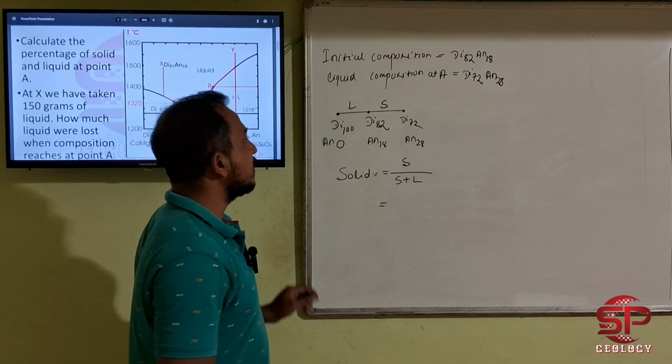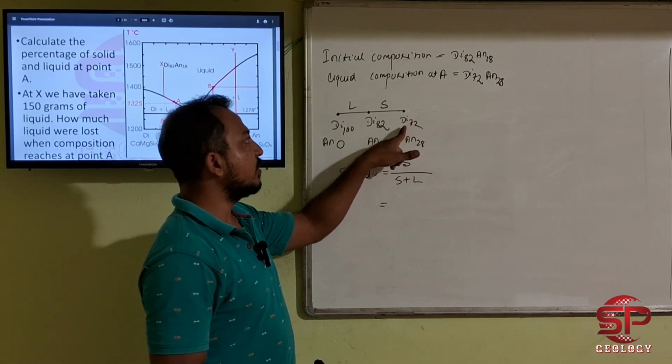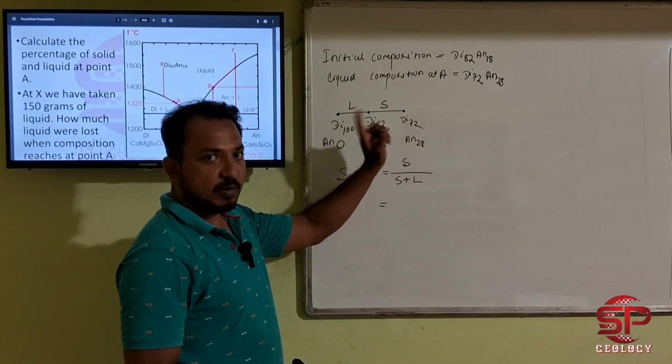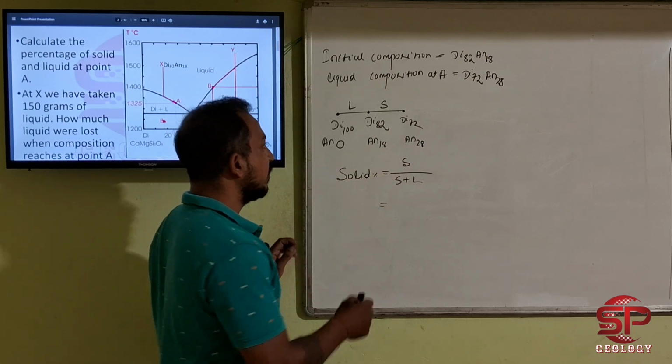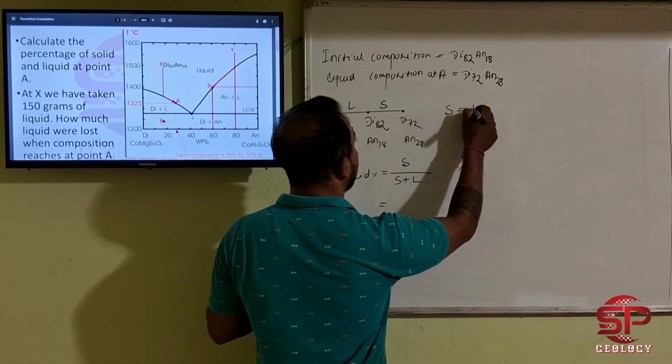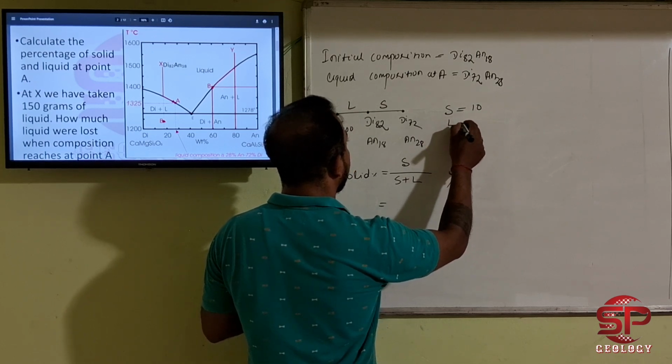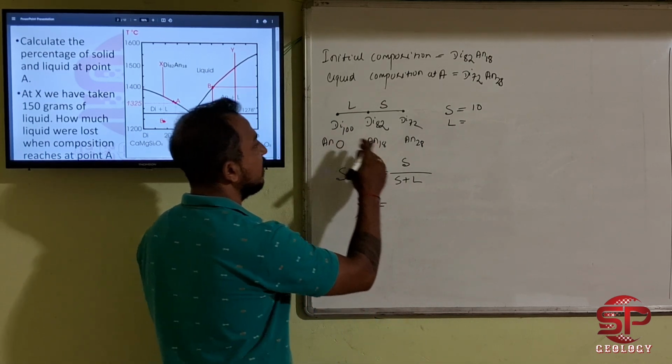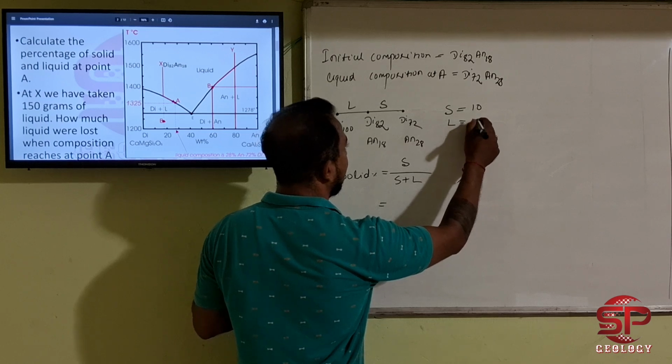Initial composition is 82 and the liquid composition is 72, so the solid segment difference is 10, and the total segment has a difference of 18.